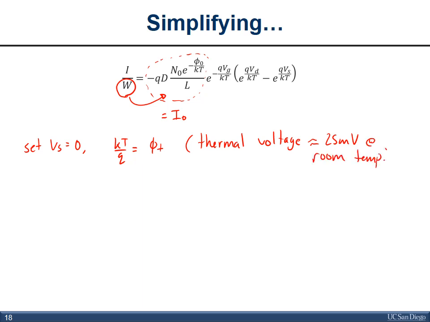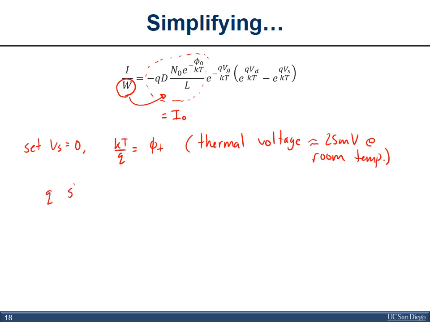And note, I'm going to use phi t here. Some texts use Vt. I find that very confusing because is VT the thermal voltage or the threshold voltage of the transistor? It's not really clear. In this case, we're going to say VT is the threshold voltage and phi t is the thermal voltage. So everything should hopefully be fairly clear.